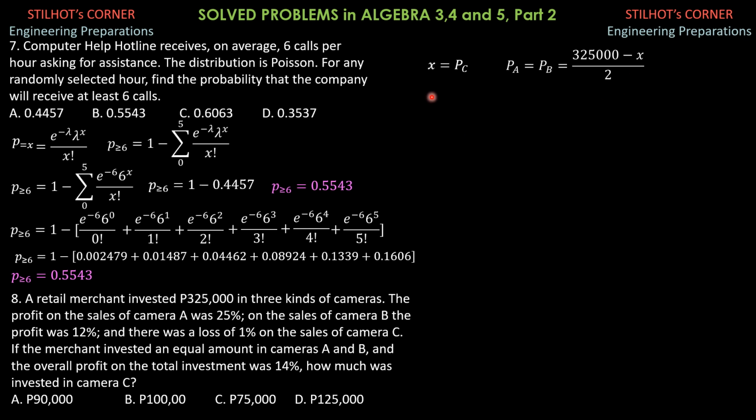Then substitute: the interest, or the profit, is equal to the principal invested at A times the rate of interest earned in A, plus the principal in B times the rate of interest gained in B, and so on and so forth.